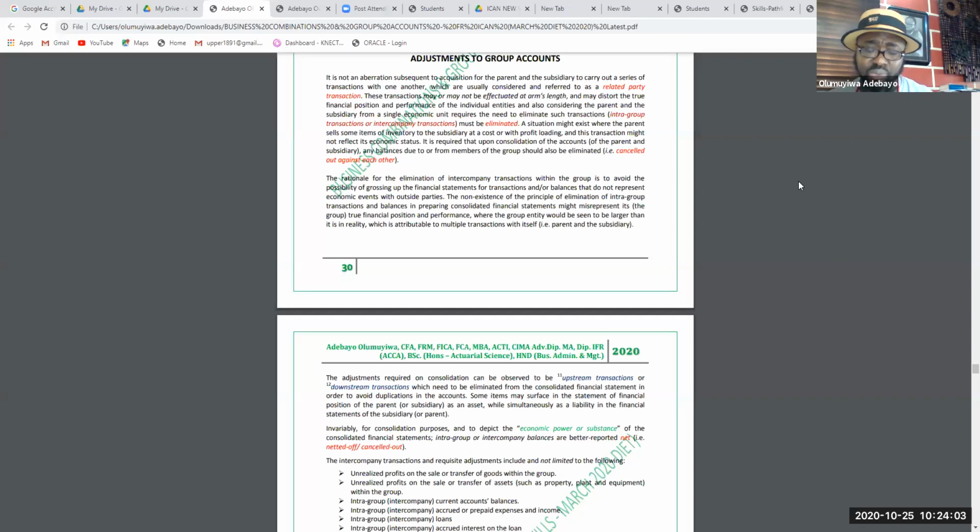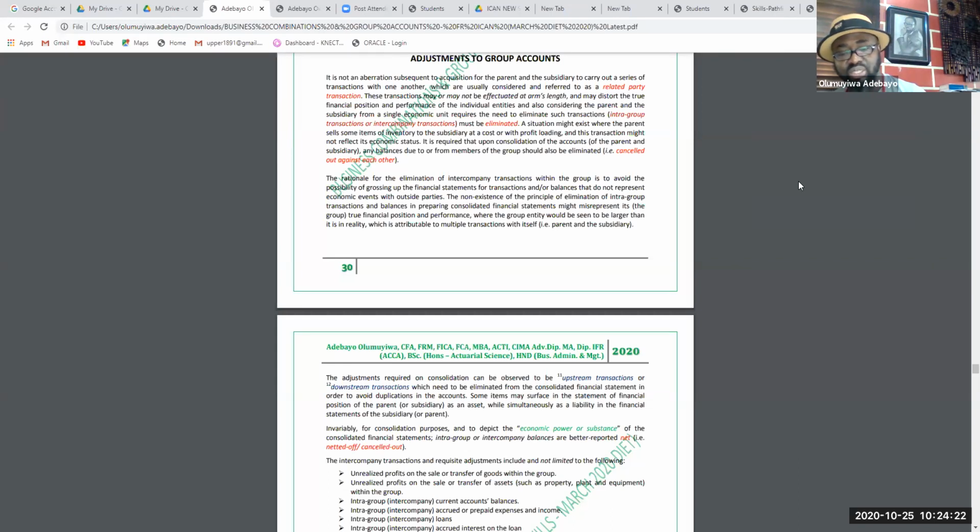In that situation, you have a transfer of assets within the group, and that also creates a lot of synergy. These are examples of intercompany transactions that may be considered within the group for relevant adjustments.